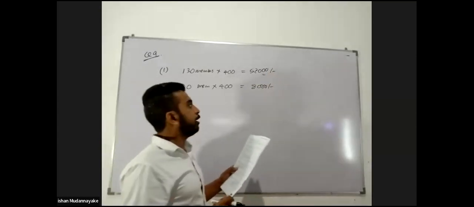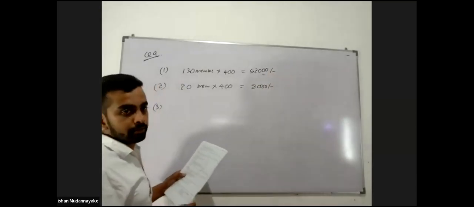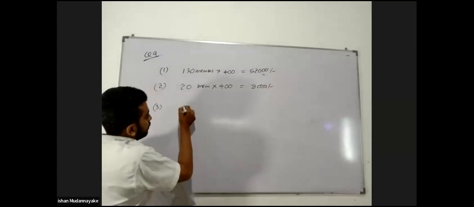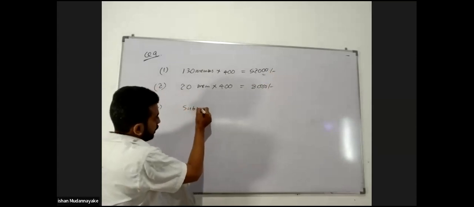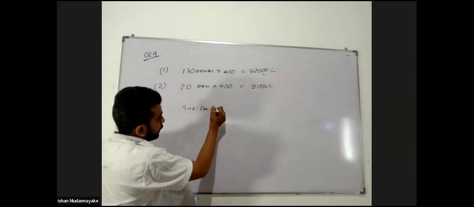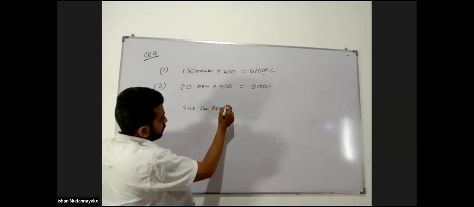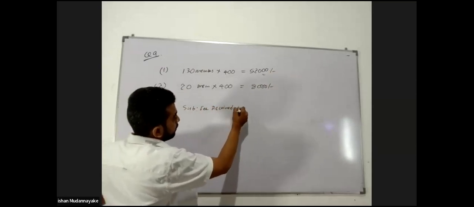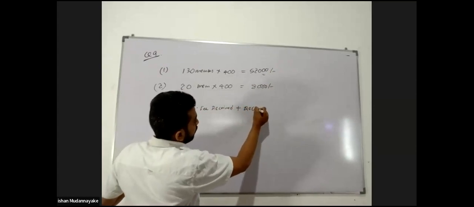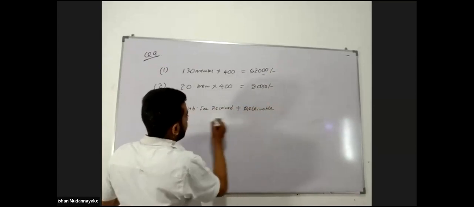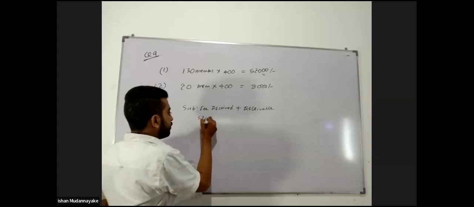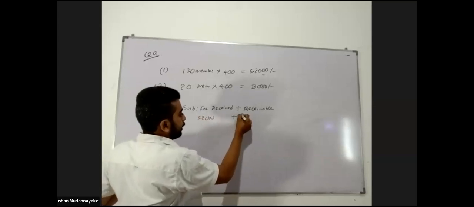Relevant amount for the period. How much? 60,000. Yes. Subscription fee received plus receivable. Received 52,000. Receivable 8,000.